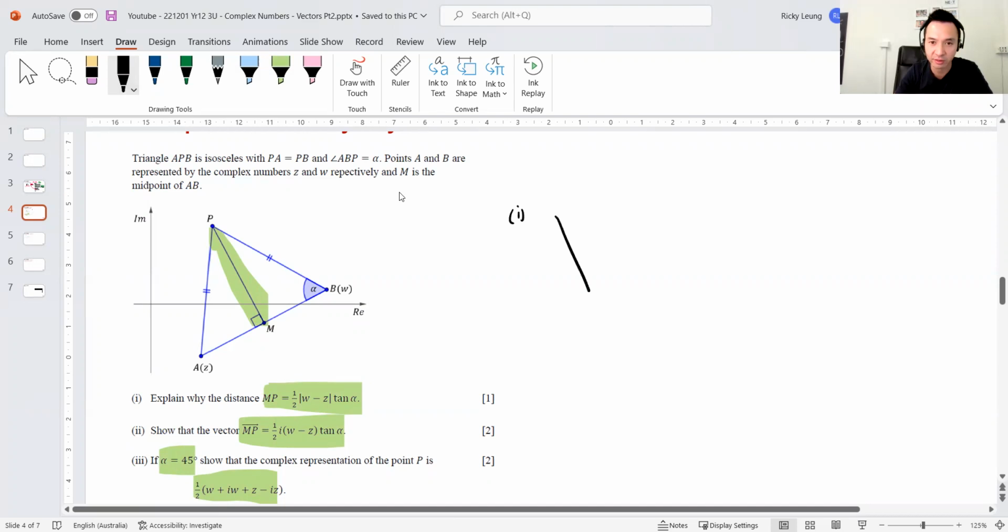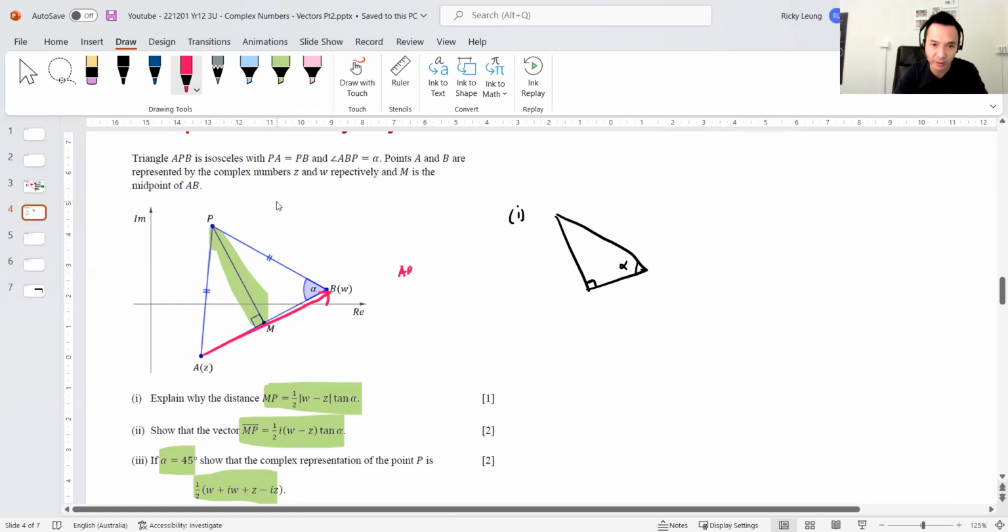So I have this side here, right? And I have theta here, right? It's telling me, show that MP is half of this. So I know, right? W minus Z as a vector, just to be absolutely clear, right? And I'll label it on this diagram here. WZ is basically a vector that goes from here, right?